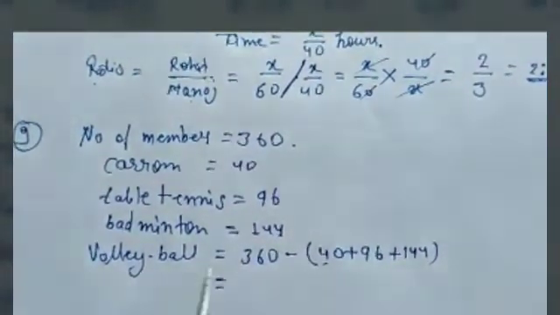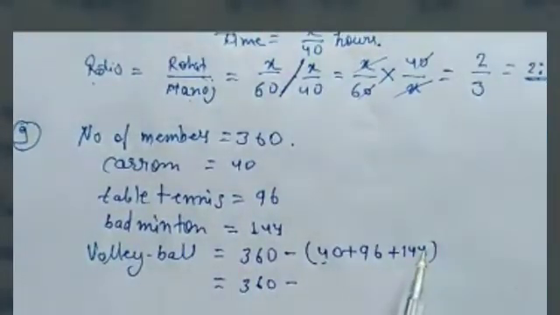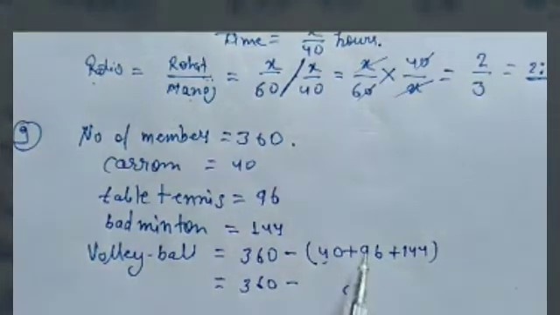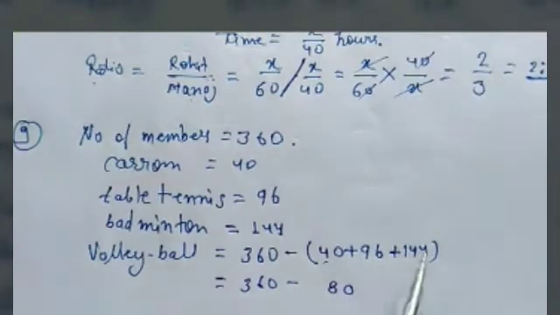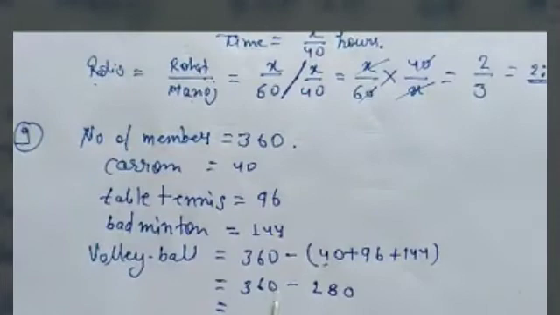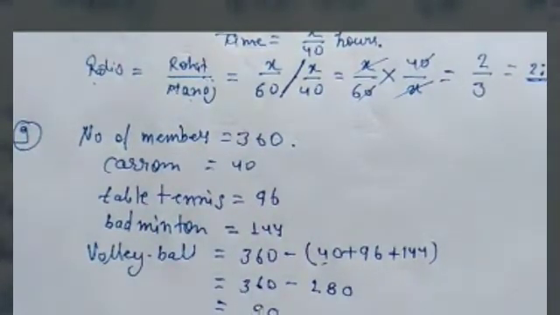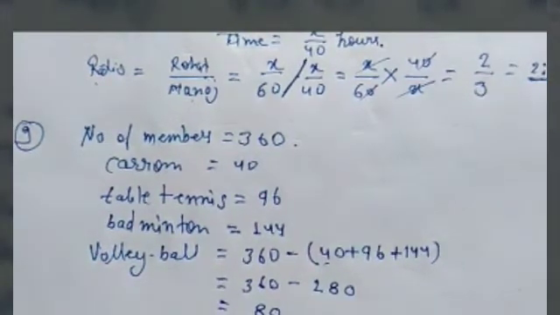Then the players of volleyball equal 360 minus, add them, 4 and 6 is 10, 0, 4 and 9 is 13, and 4 is 17, and 1 is 18, carry 1 and 1 is 2, 280. Now subtract from 360: 0 minus 0, 6 minus 8 not possible so 16 minus 8 is 8, and this is only 80 members.